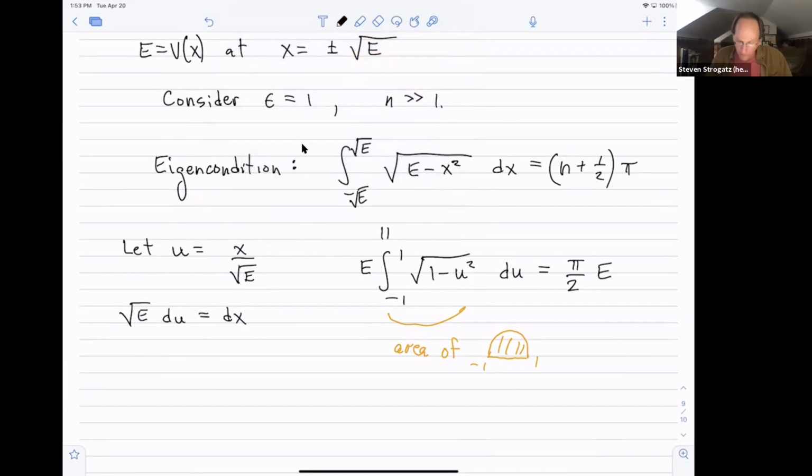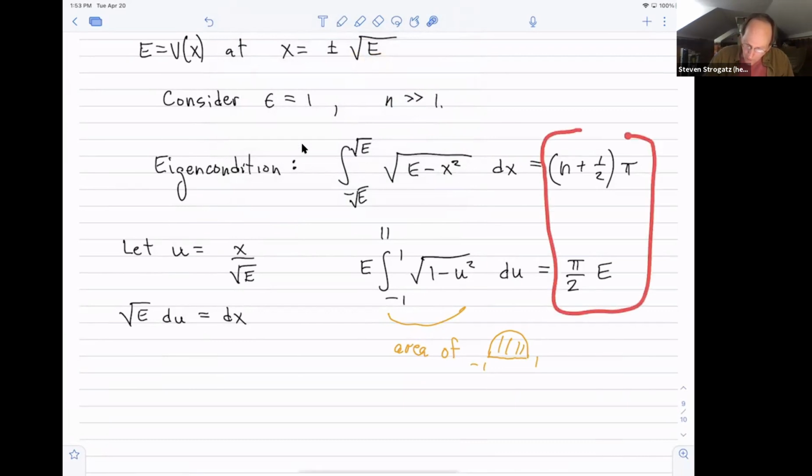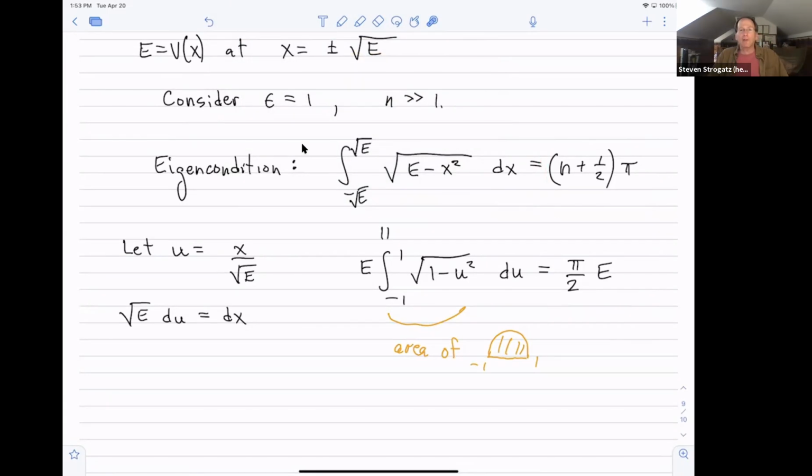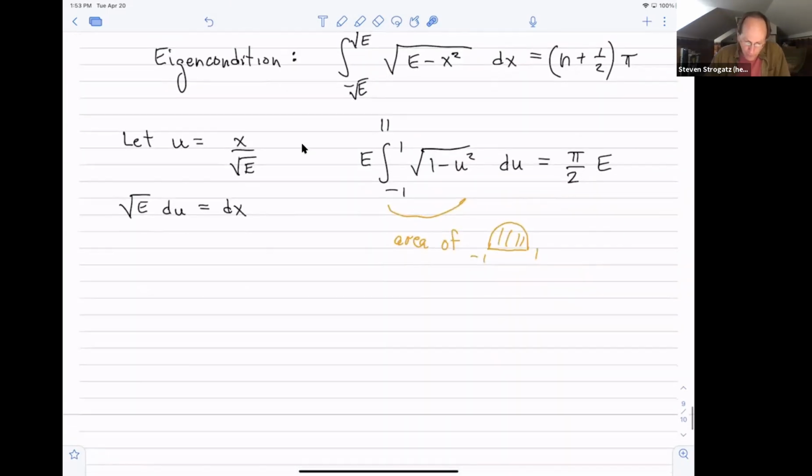And so equating the two expressions, that is these two, the pi's cancel out, and you're left with e sub n equals 2 times n plus a half.